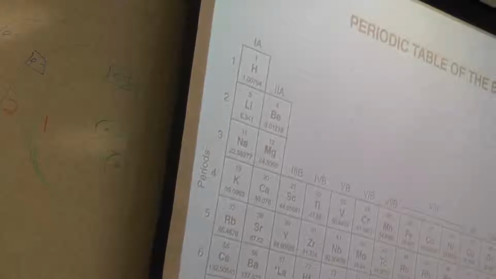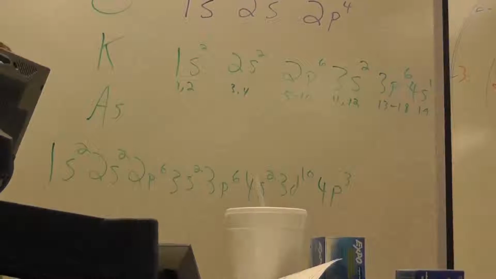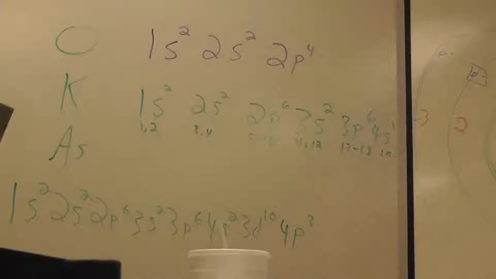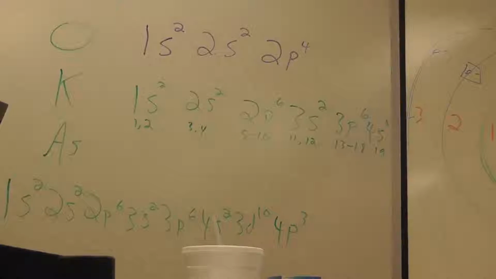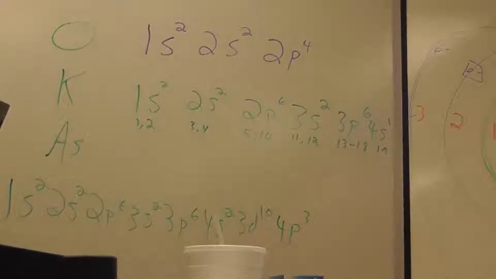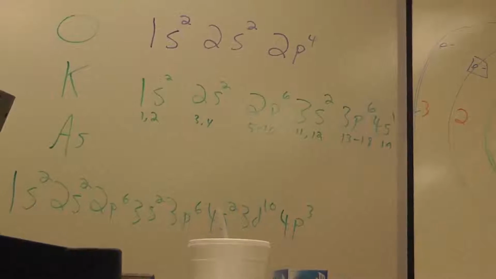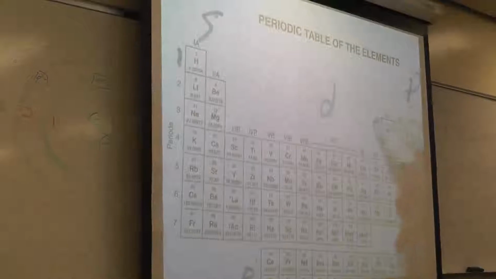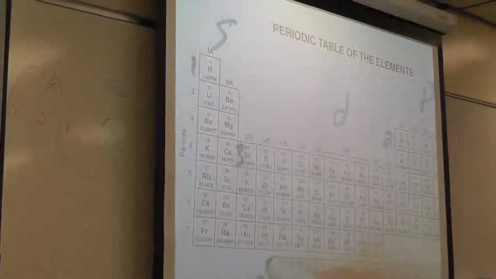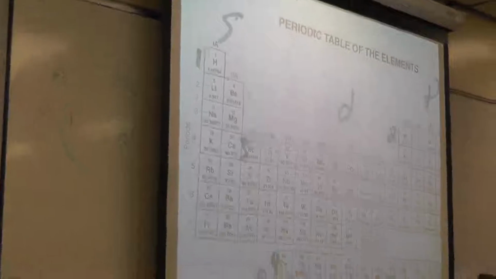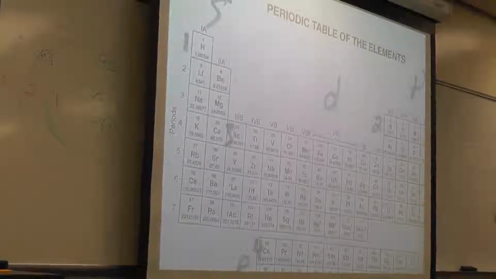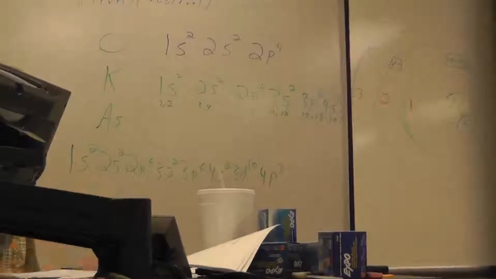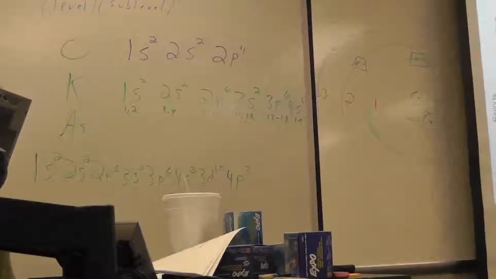And hopefully, when the day comes for exam 2, the very first thing you'll do before you even look at the test, as soon as this periodic table hits your hand, you'll go S, P, D, F, and starting them on row 1, 2, 3, 4. Hopefully. Because that's the key to doing these configurations.